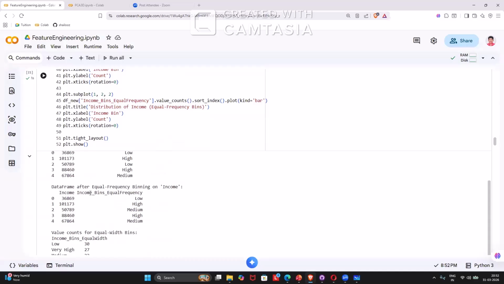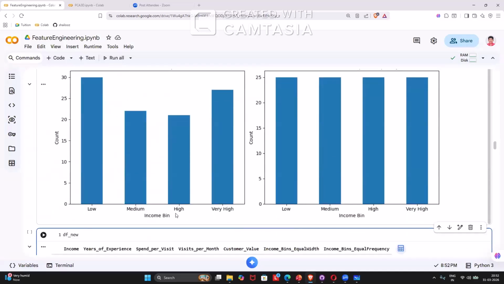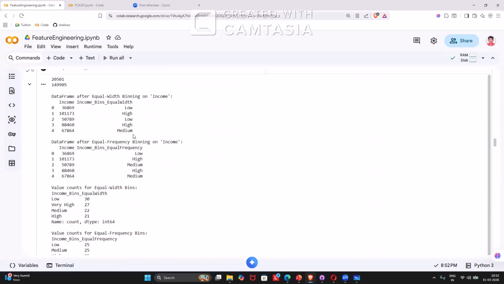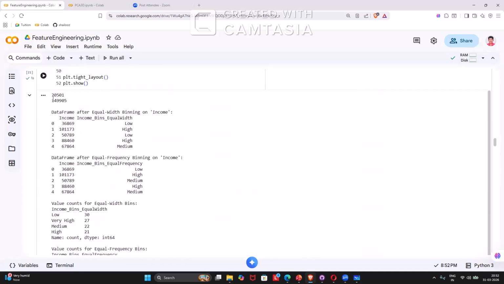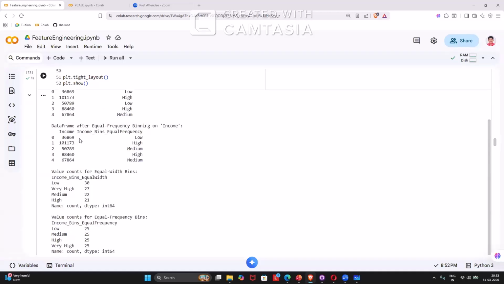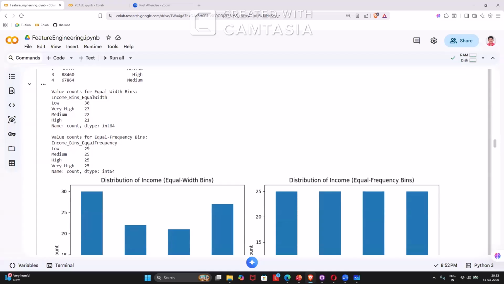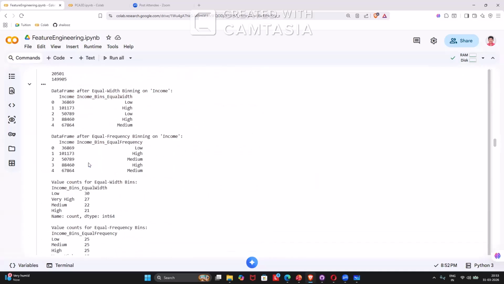The entire range is divided into 4 bins, with bin ranges from 20501 to 36869, and so on. Likewise, we divide the entire range into equal bins. For Q cut, to make the frequency of each bin equal, we vary the intervals. That is the difference between Q cut and cut.